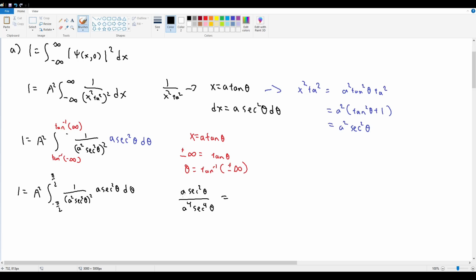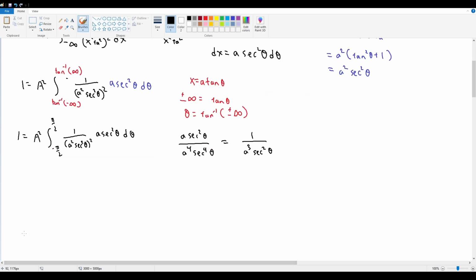The a is going to cancel one of the a's on the bottom, and secant squared is going to cancel with the bottom. This is going to give you 1 over a cubed secant squared theta. Okay, writing this out fully now, our normalization condition is 1 equals A squared times the integral from negative pi over 2 to pi over 2 of 1 over a cubed secant squared theta d theta.